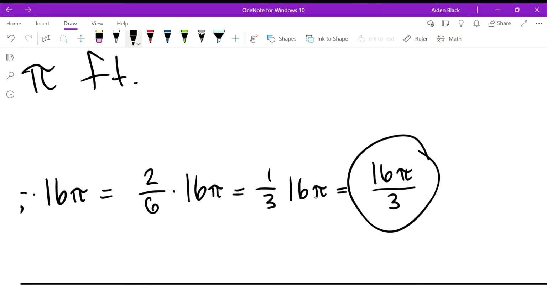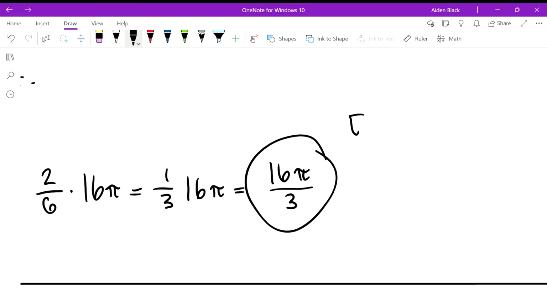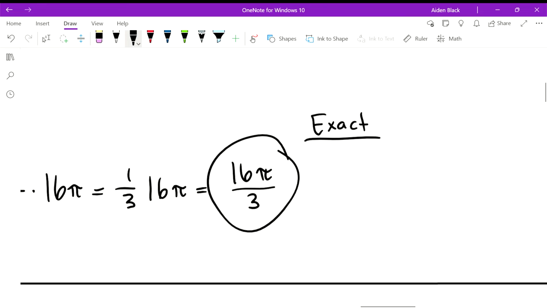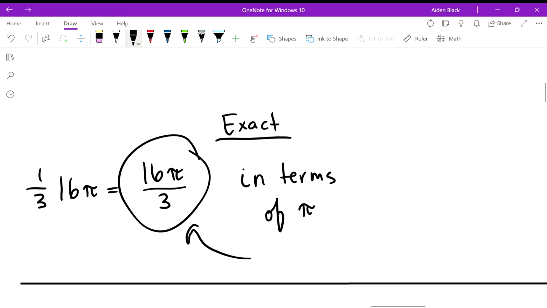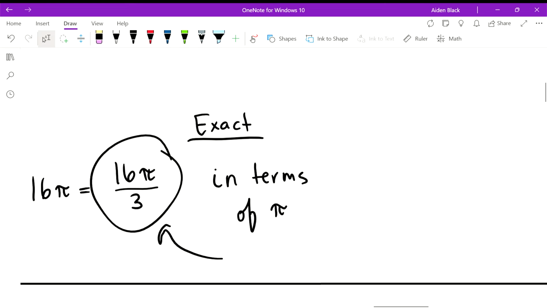Now this is an acceptable answer if the question is asking you for the exact answer or in terms of pi. This is acceptable. Now if it's asking you to round to the nearest tenth or the nearest hundredth, what you'll have to do is actually plug it into your calculator.